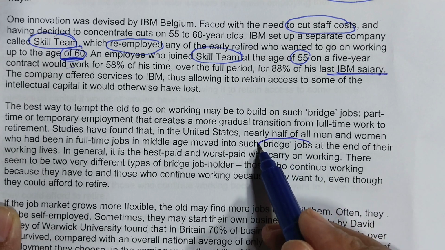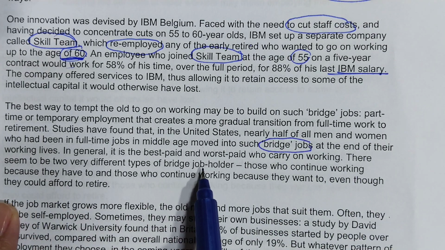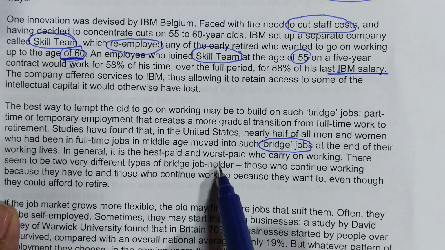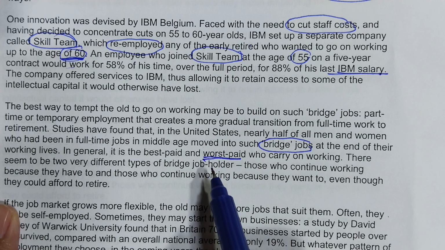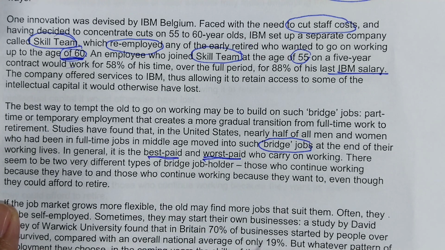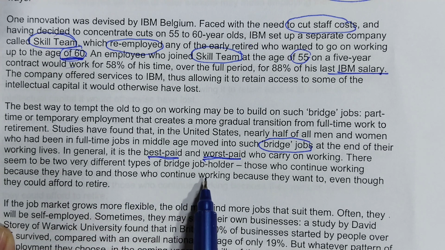So here the phrase is bridge jobs: at the end of their working life, generally it is the best paid and worst paid who carry on. Always take care of hyphens and inverted commas as well. If you find an inverted comma or hyphen anywhere, you can feel that your answer will be around this area. There seem to be two very different types of bridge.